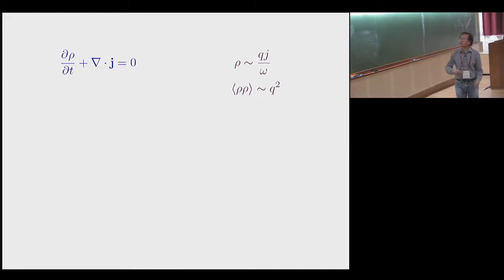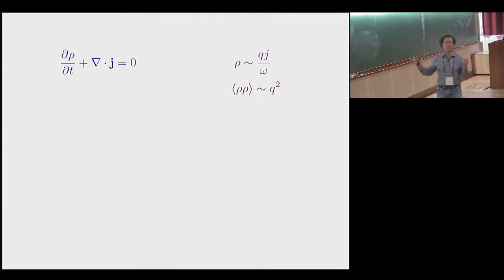Let's assume that we consider a wave with frequency omega and wave number q. Then in momentum space, rho is q divided by omega times j, which means that if I consider the correlation function of rho at fixed omega, but taking q to 0, at finite frequency, this has to be proportional to q squared.